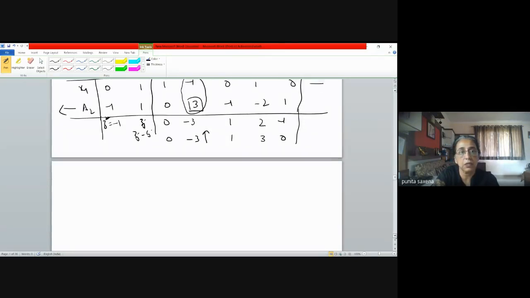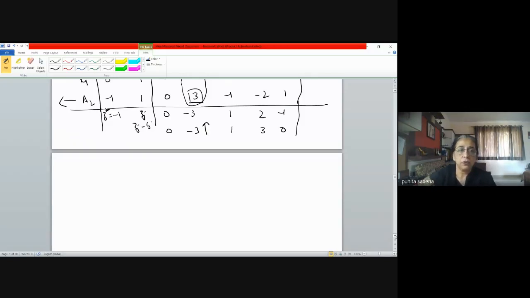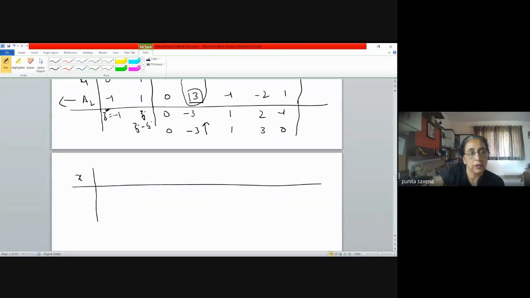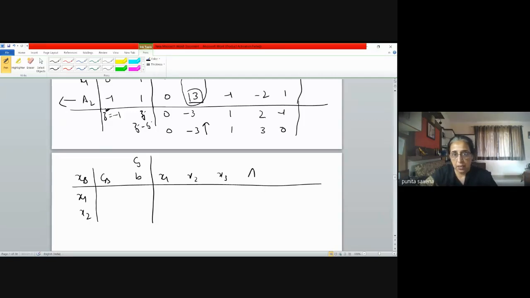So your next table is going to be with xb's as x1 and x2, with cj's as x1, x2, x3, a1, a2 with coefficients minus 1, and this is 0.